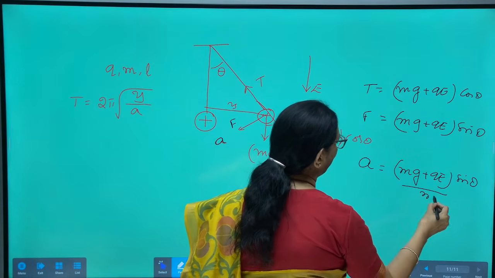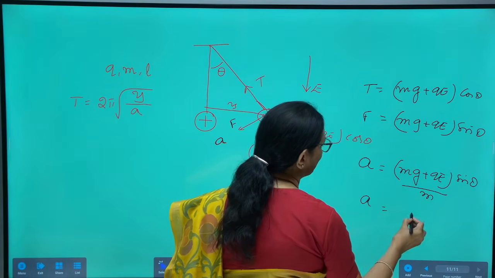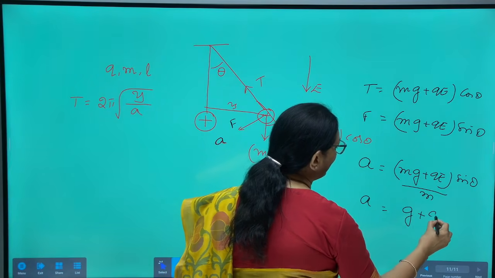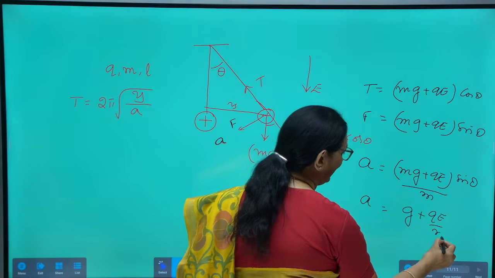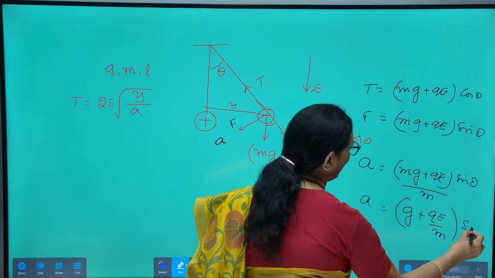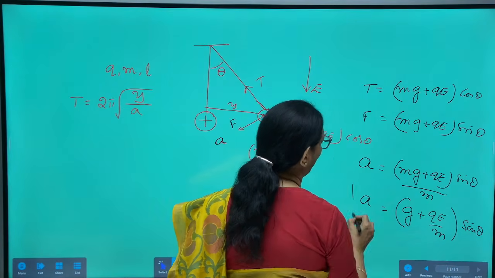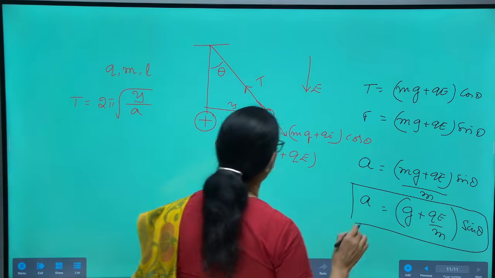by m, or we can as well write it as g plus QE by m into sin theta.